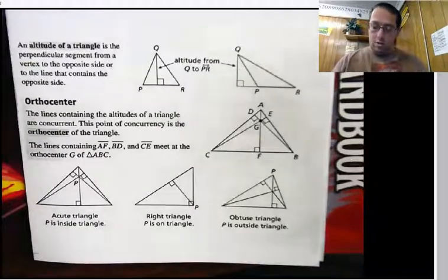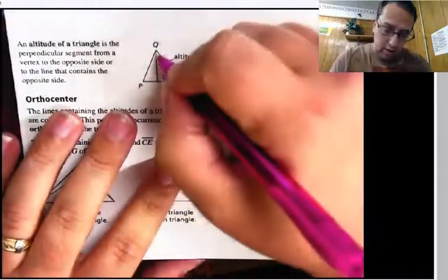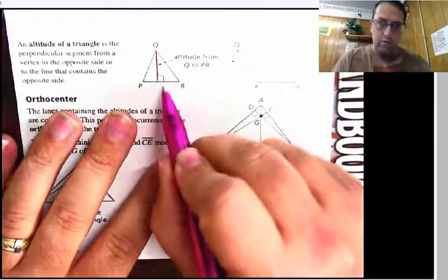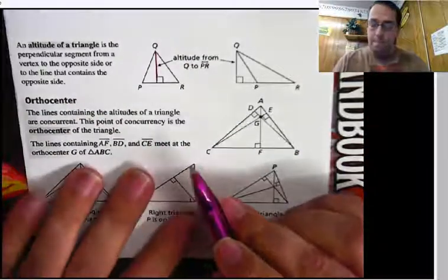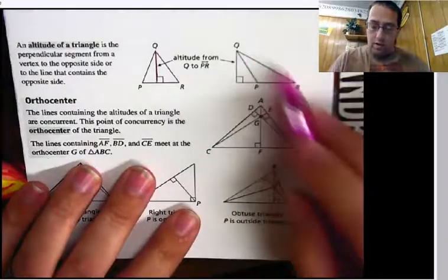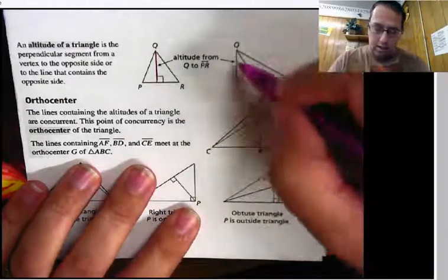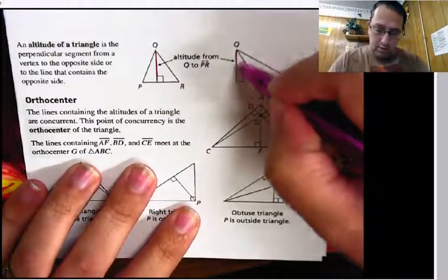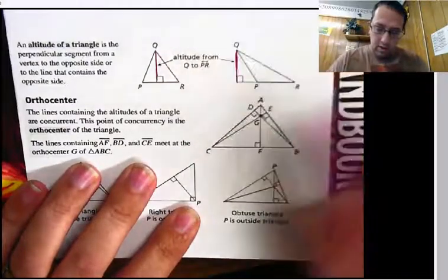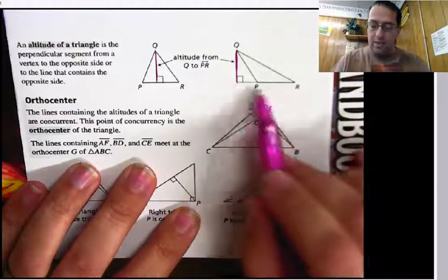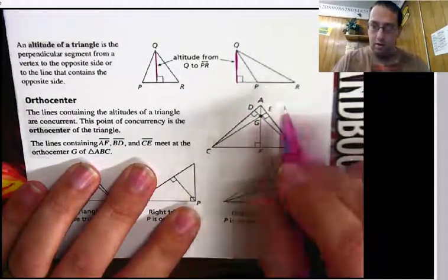All right, so here, the altitude is right here. Notice it's perpendicular to segment PR, right? Over here, though, in this triangle, the altitude is not even in the triangle. It is still this segment. It is perpendicular not to segment PR, but to line PR.